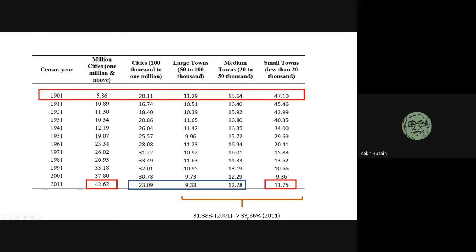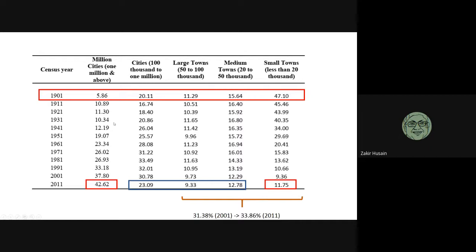It has gone up to 34%. See, when we are talking about demographic features, 2.5, 1.8, these are considered to be pretty large figures because, as I've told you before, they grow very slowly. So 31.38 to 33.86, it's almost 2.5 percentage point increase. So it's pretty large.